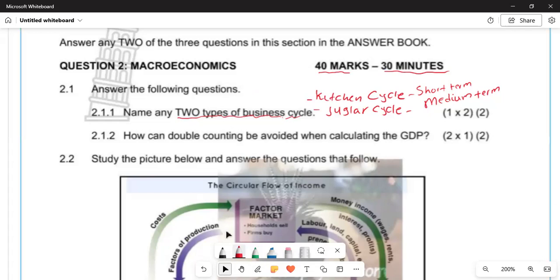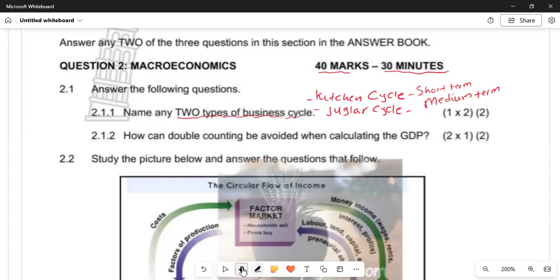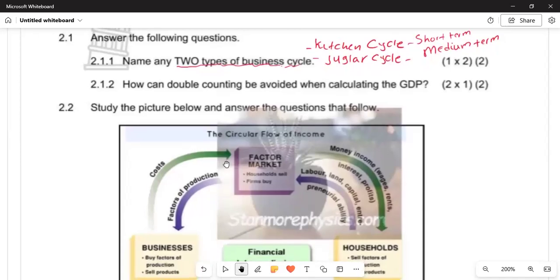So now let us move on to 2.1.2. 2.1.2 reads as follows. How can double counting be avoided when calculating GDP, gross domestic product?